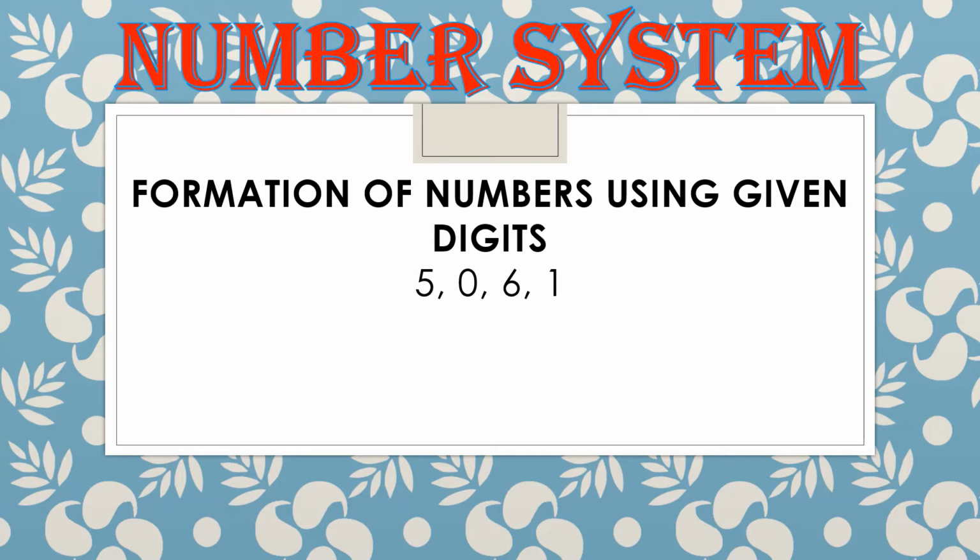Formation of numbers using the given digits. For example, if we take the following 4 digits, that is 5, 0, 6, and 1, and if the question asks us to make the smallest and greatest out of these numbers, the smallest number obtained from these 4 given digits will be 1056.